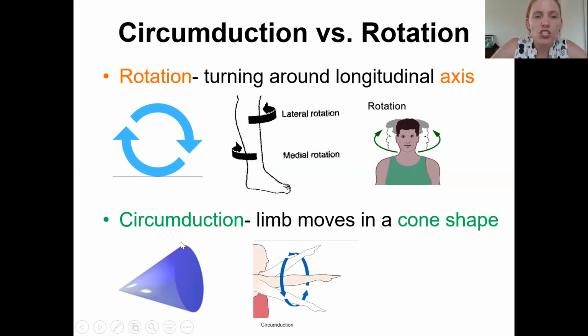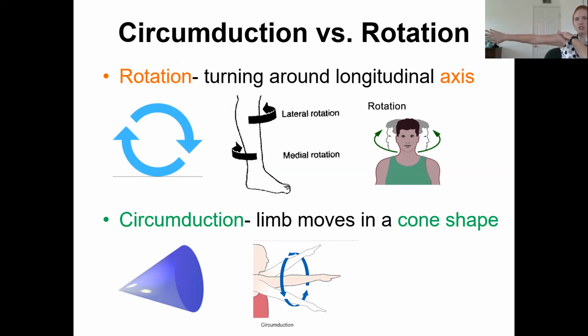Now, circumduction is a little bit different. If this is rotating my arm, the whole arm is rotating. Circumduction means one side of the body part is staying fixed. So my whole arm is still facing the same direction, but I'm creating a cone shape. You might make a cone shape, but you see how the whole arm isn't rotating.